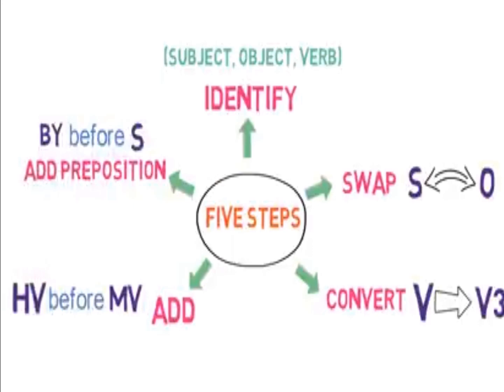So if you want to know what is the past form of buy, then you will immediately speak buy, bought. That is, the base form of the verb is buy, the past form of the verb is bought, and the past participle is also bought.